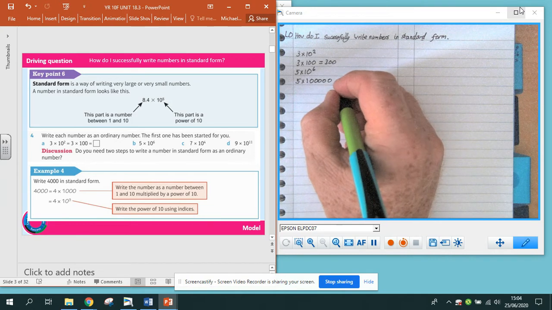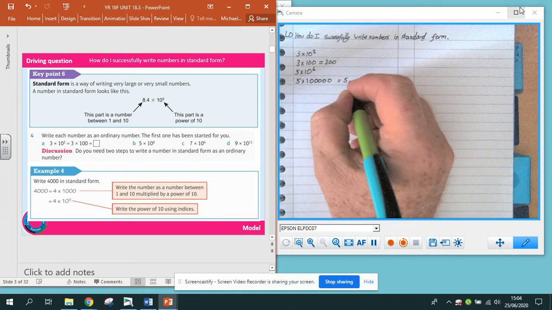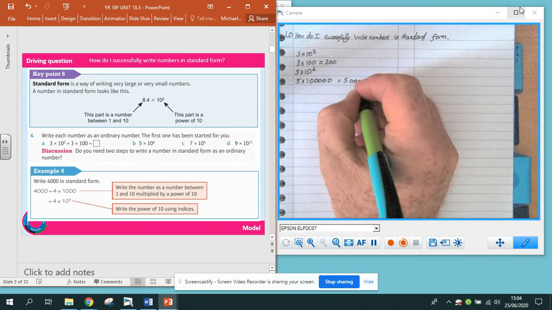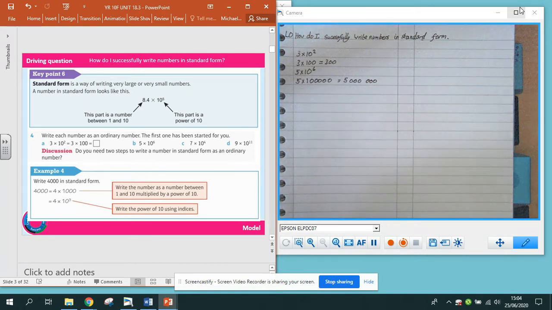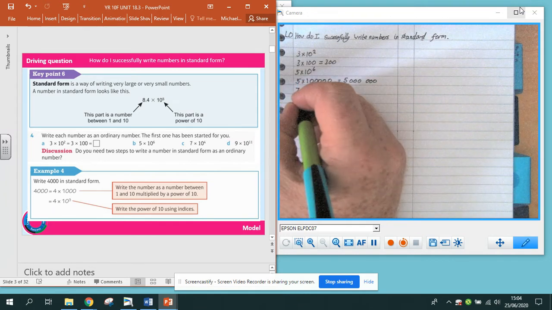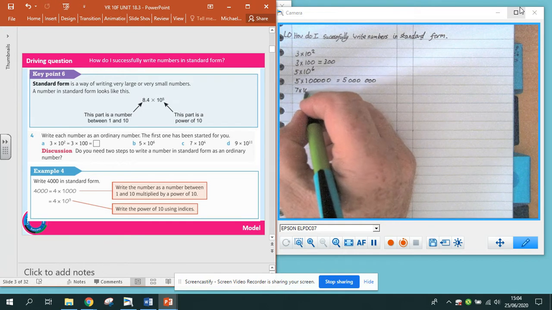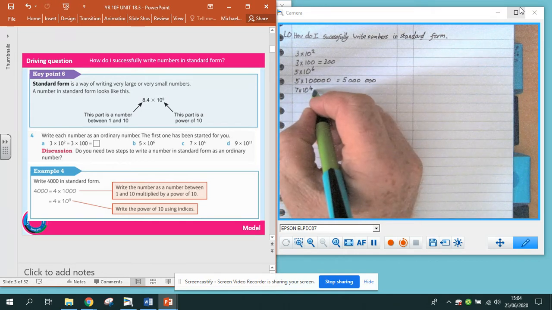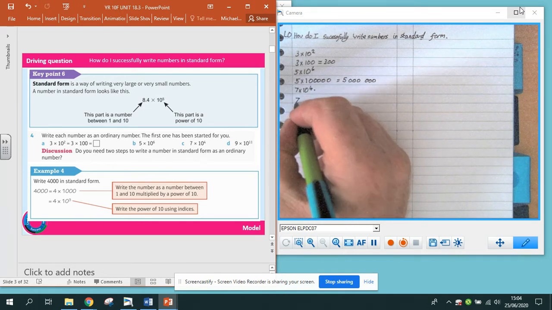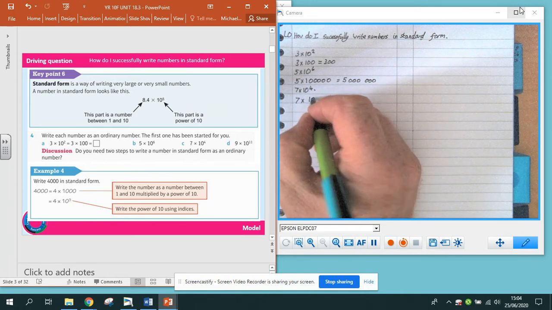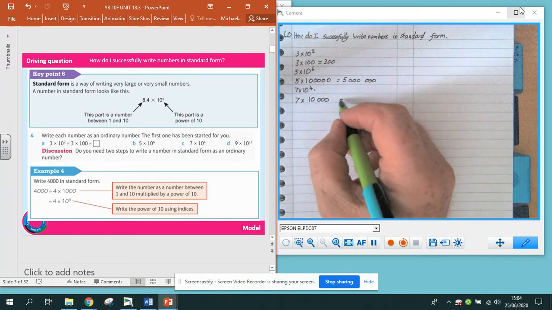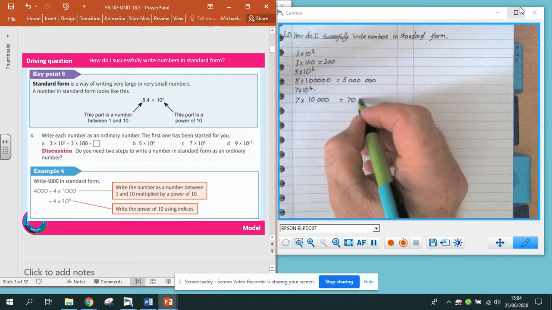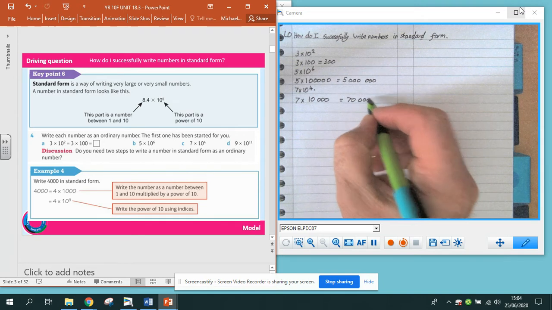So obviously 5 times a million is 5 million. 7 times 10 to the 4th is the same as 7 times 10,000, which will be 70,000.